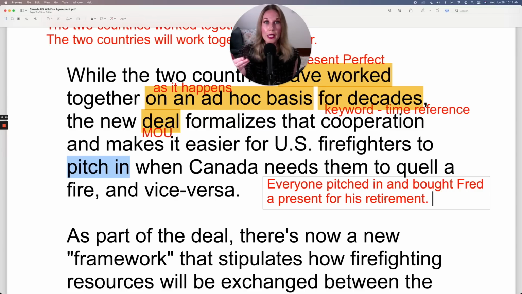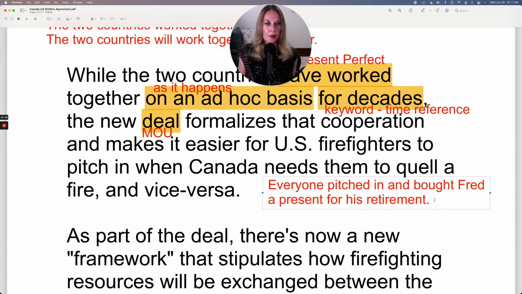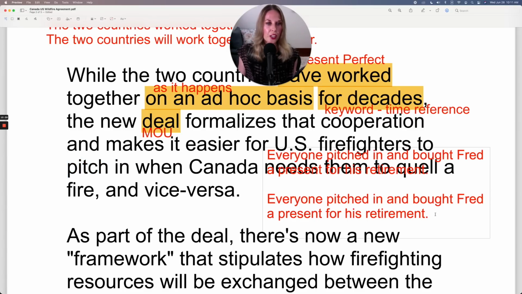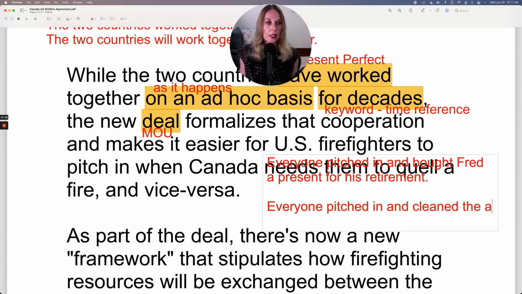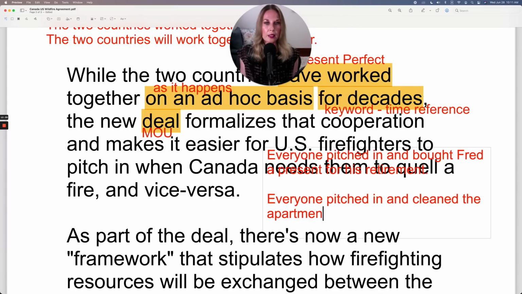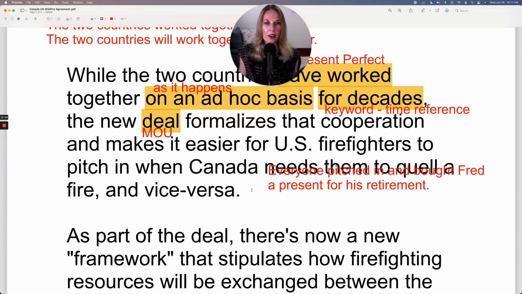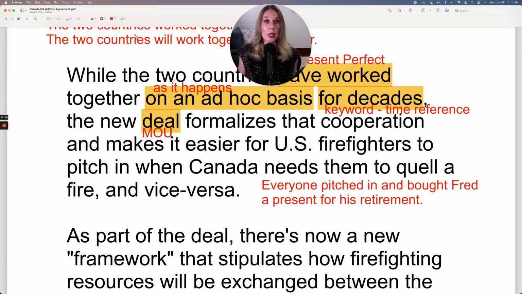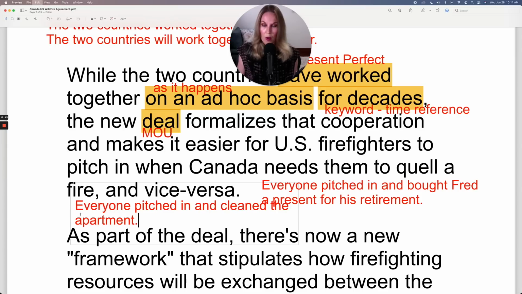You can also pitch in terms of your time. Everyone pitched in and cleaned the apartment. So here, it's not necessarily that people gave money, but they gave their time, they gave their effort, they gave their hard work.